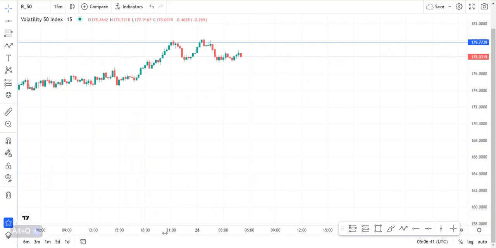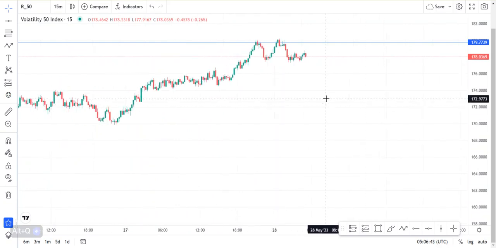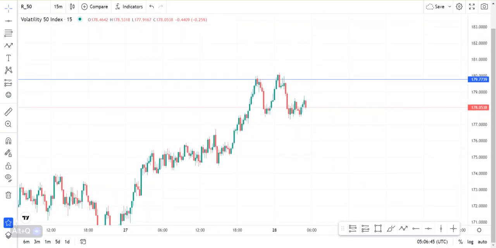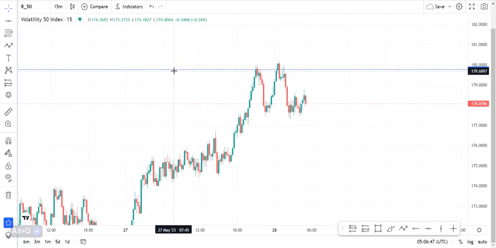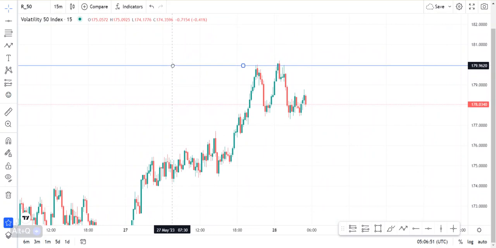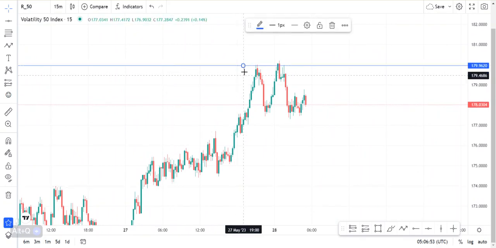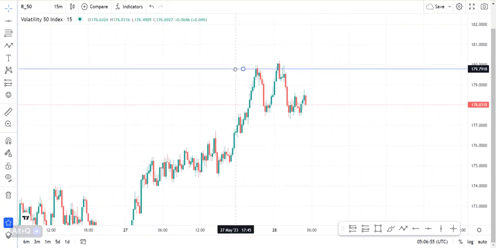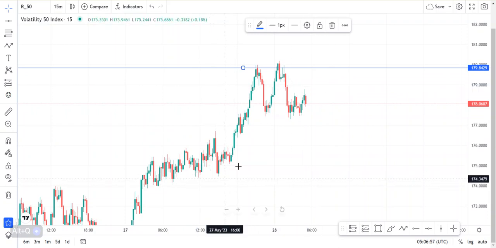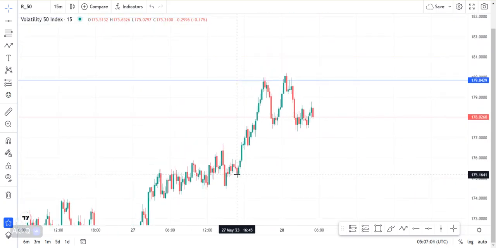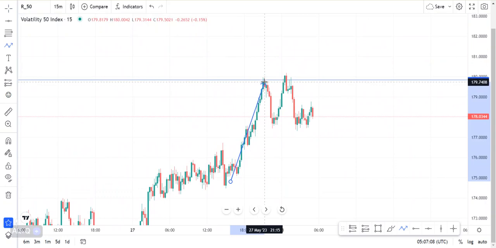As the market is approaching here, you see that there is a push up, there is this push up, there is this push up.